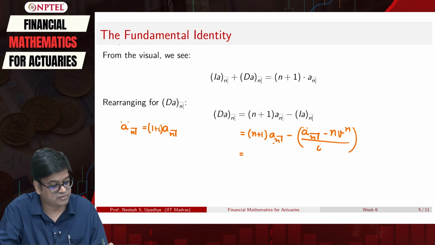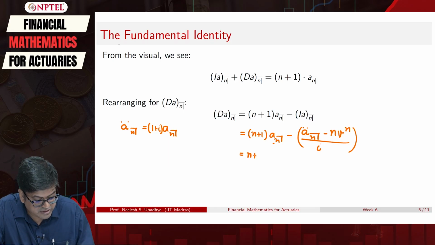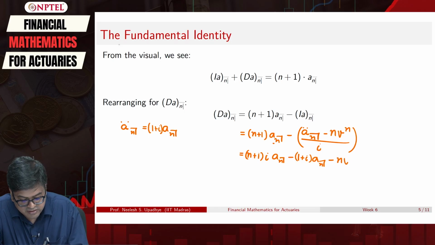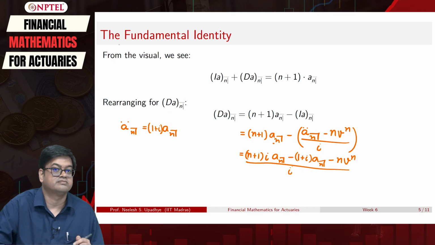I will use that relationship and push the factor of 1 plus i into the numerator of the first term. So the term becomes 1 plus i times a angle n minus n v raised to n, the whole thing upon i.